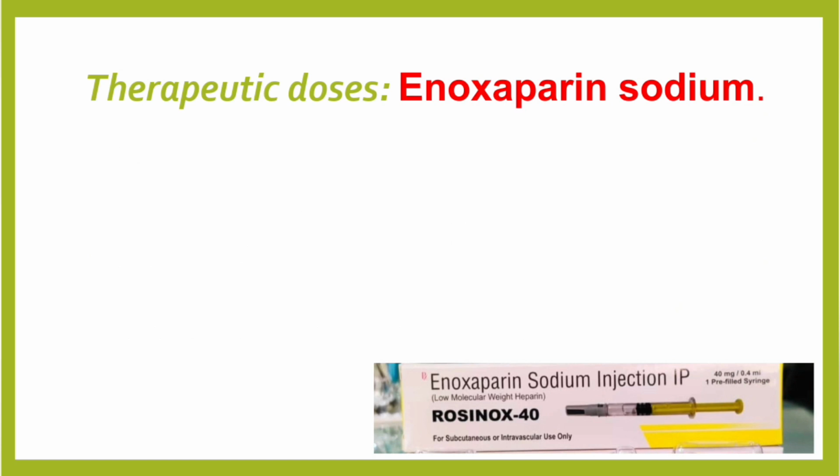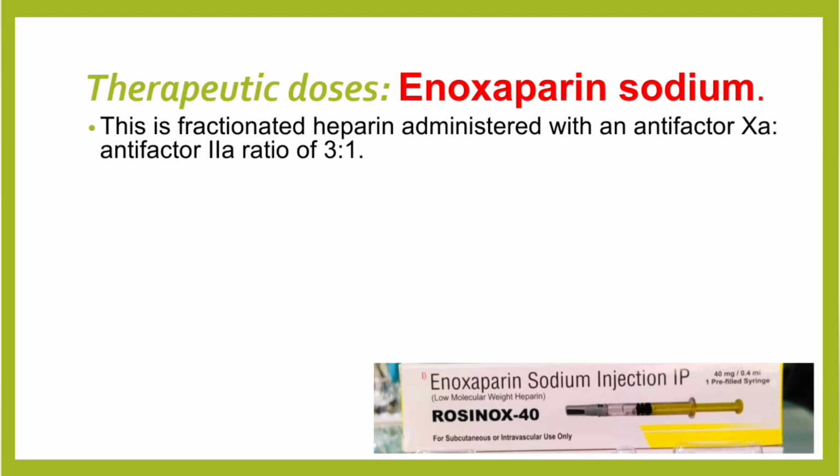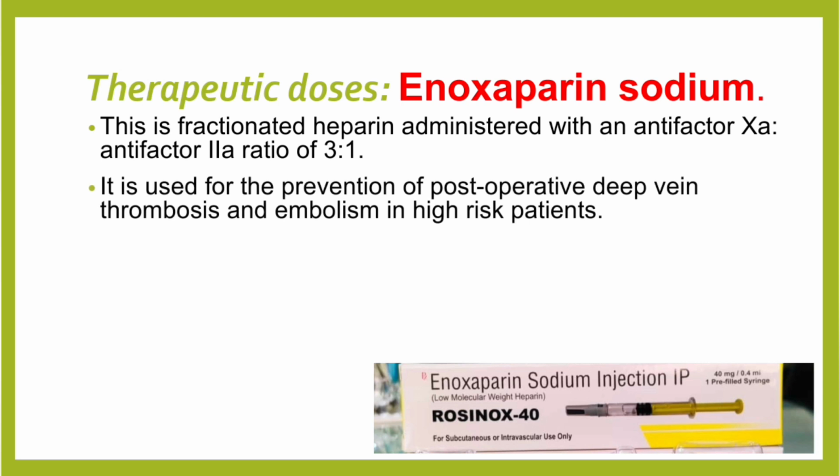The second drug is enoxaparin sodium. This is fractionated heparin with anti-factor 10A to anti-factor 2A activity in the ratio of 3:1. It is used for prevention of post-operative deep vein thrombosis and embolism in high-risk patients.